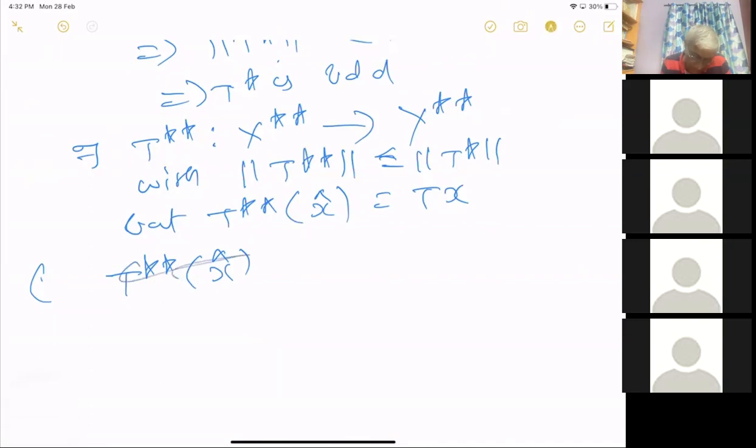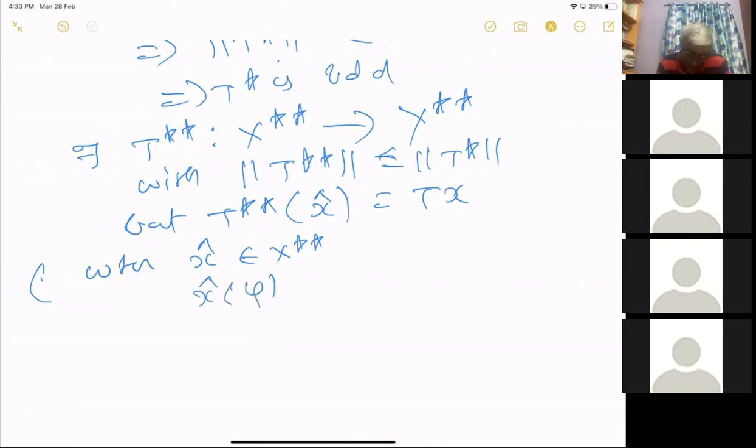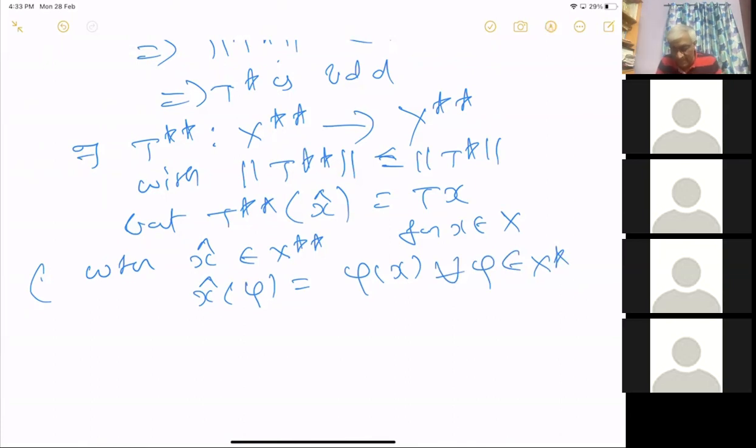Let me recall that. x hat is an element of X double star, which is a linear functional on X star, defined by x hat acting on phi is phi of x, for x in X. This is for all phi in X star. We have seen that this is a bounded map, and it has the same norm as x. So now we have this, and we want to verify this.